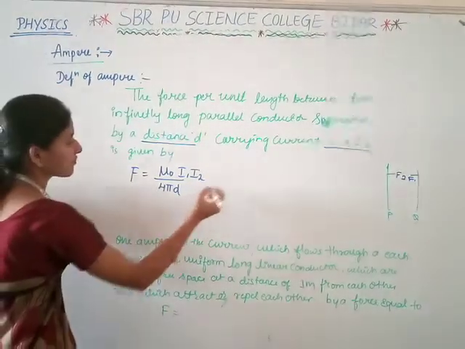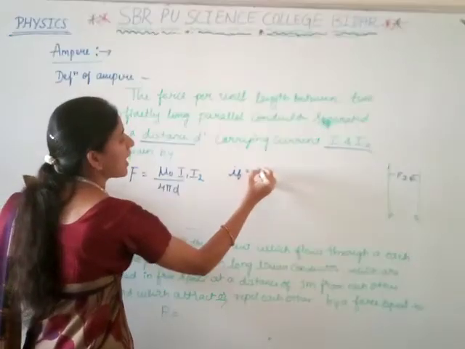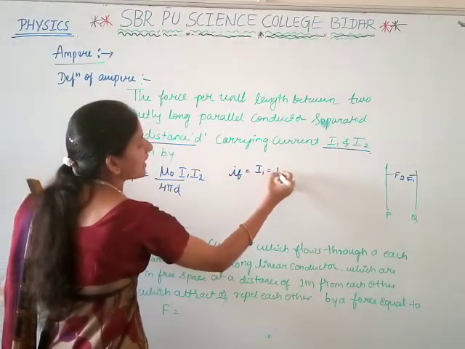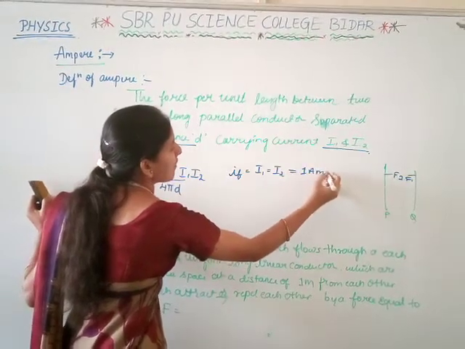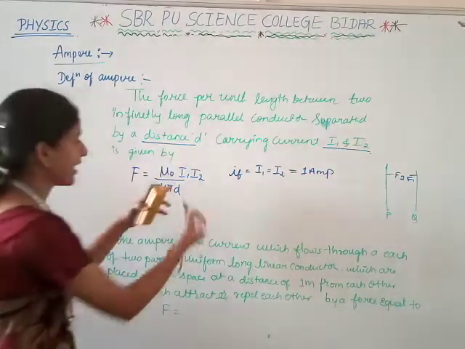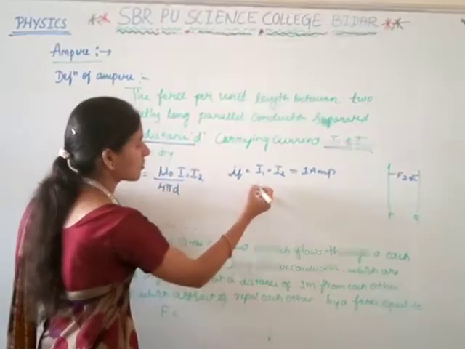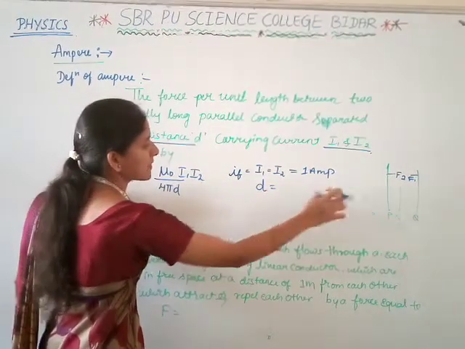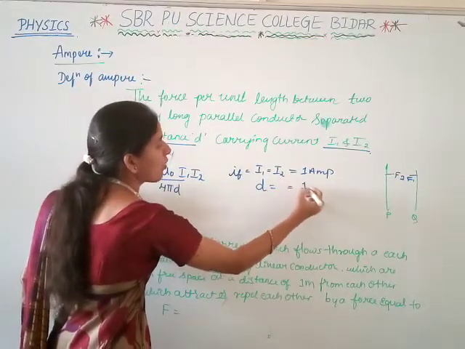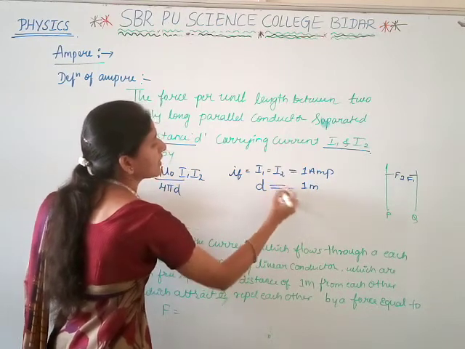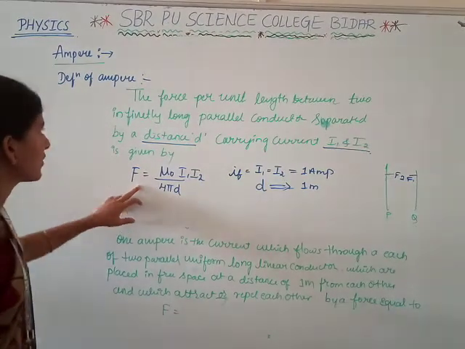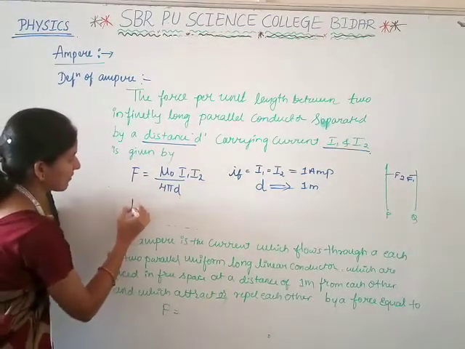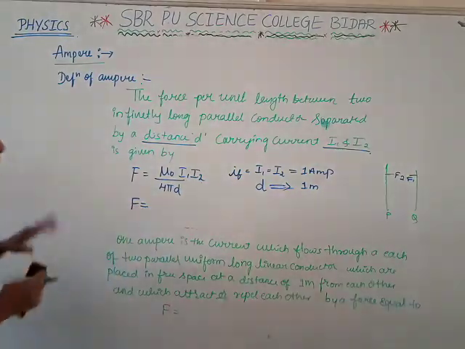If the I1 current and I2 current are equal to 1 ampere, and the distance between the two parallel conductors is 1 meter, then the formula becomes as follows.